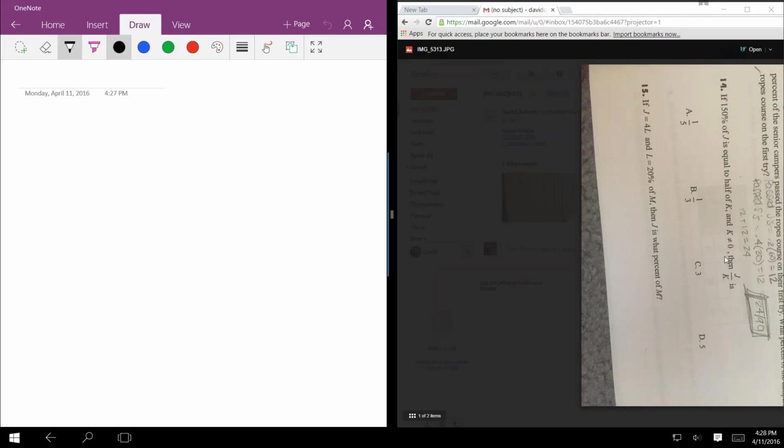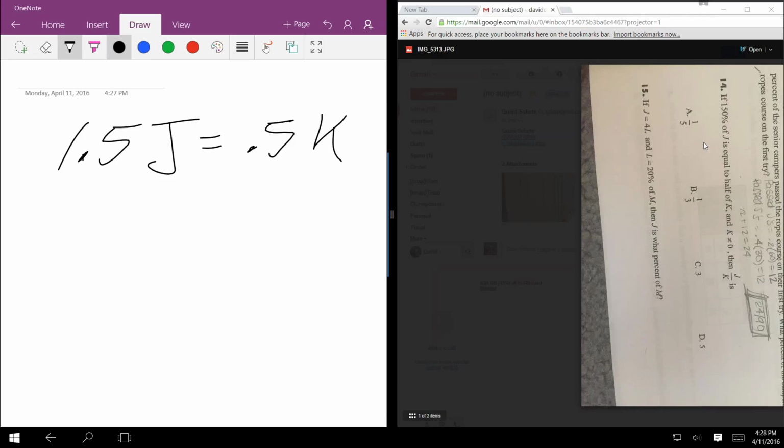It says 150% of j. You can't use percentages in equations, so you always need to convert percentages to decimal. 1.5 times j is equal to 1/2 of k. Since we have a decimal, let's keep it in decimal, okay?